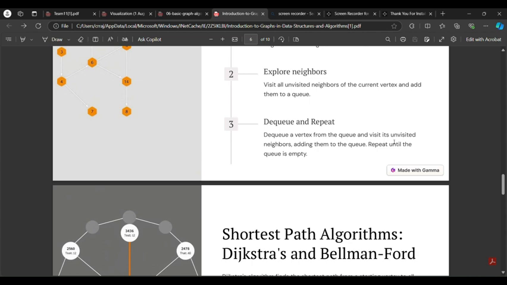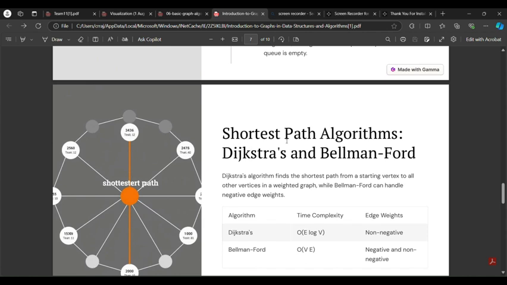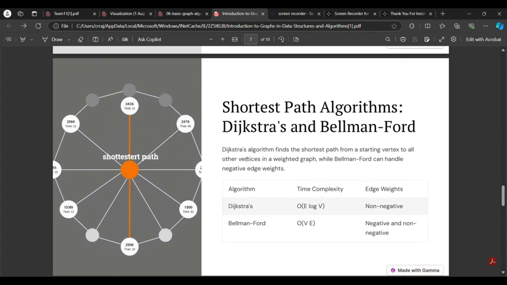Shortest path algorithms: Dijkstra and Bellman-Ford.